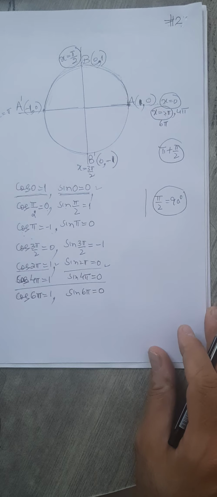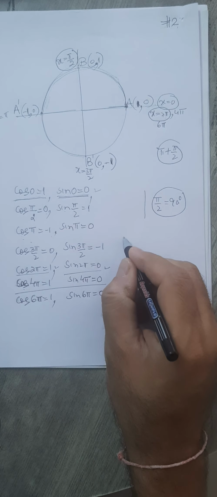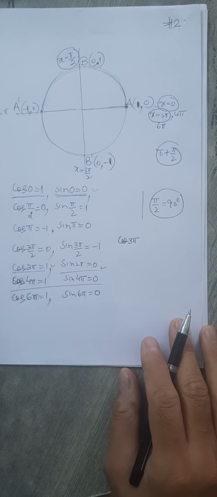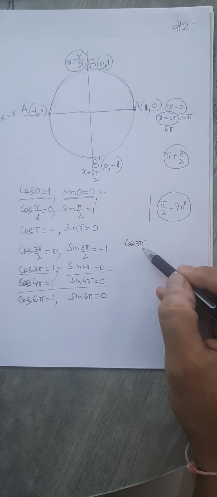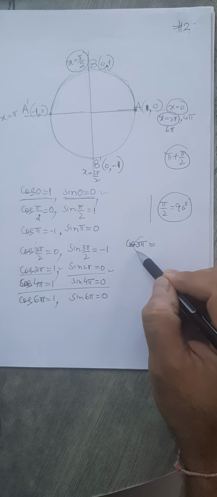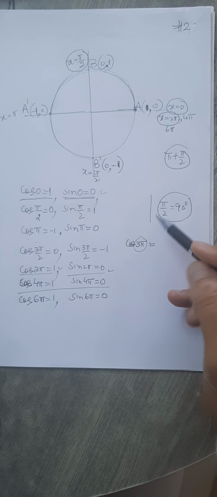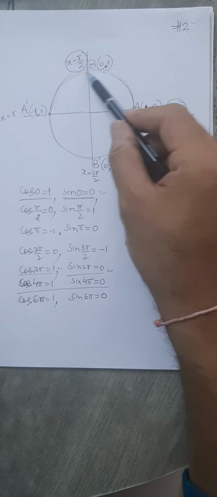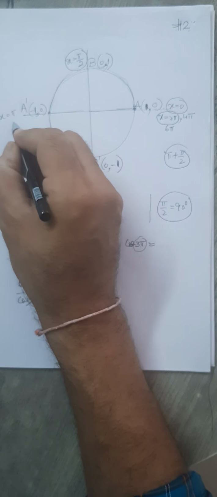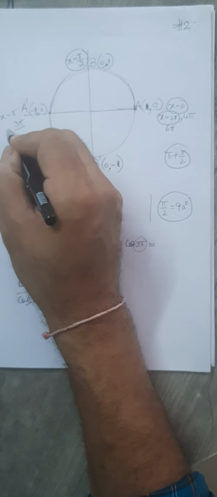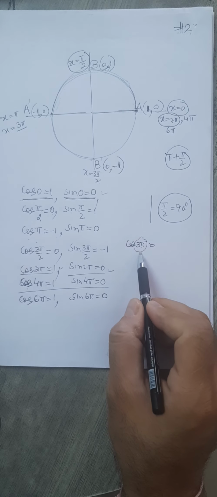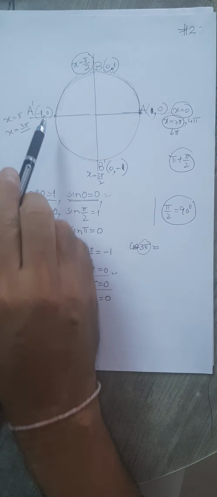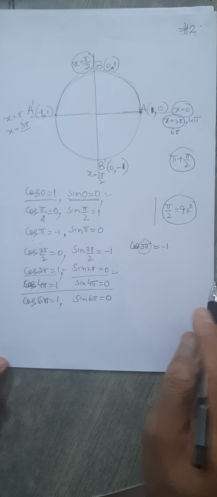Now you can answer such simple questions. For example, what is cosine 3 pi? What you have to do is ask yourself where 3 pi is on the unit circle. If I take one rotation, 2 pi, and then a half rotation, 3 pi is here. Now cos represents the first coordinate, so it is minus 1.